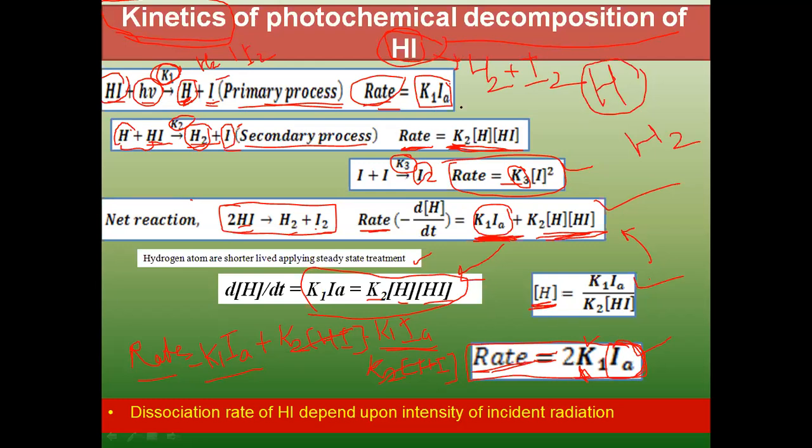So the rate of this reaction depends upon the intensity of absorbed light by the first step. समजत आहे का? या पहिल्या स्टेप मध्ये किती इंटेन्सिटी ऑफ लाईट ऍब्सॉर्ब होतो तो डिसाइड करेल की डिकम्पोजिशन किती व्हायला पाहिजे. ओके, so this is the kinetics of photochemical decomposition of HI.